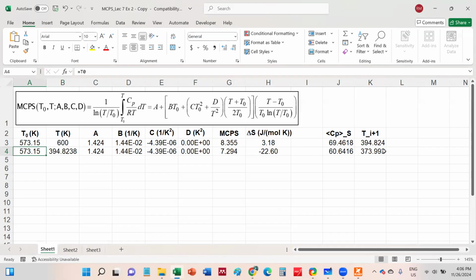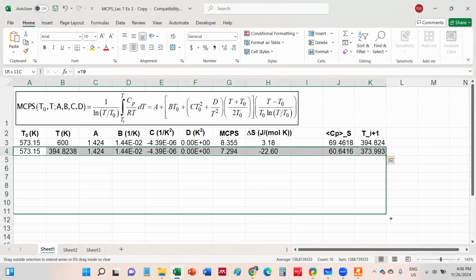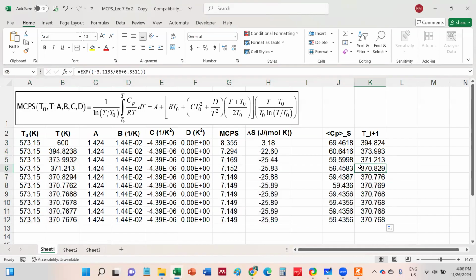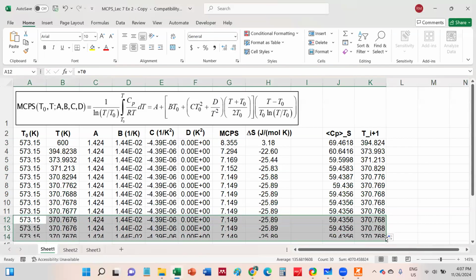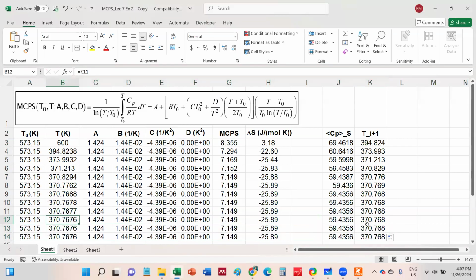And then I just need to drag the formula until the temperature does not change anymore. So it means we have reached convergence. Okay, so as you can see, the temperatures do not change anymore, and therefore, this is our temperature right here.